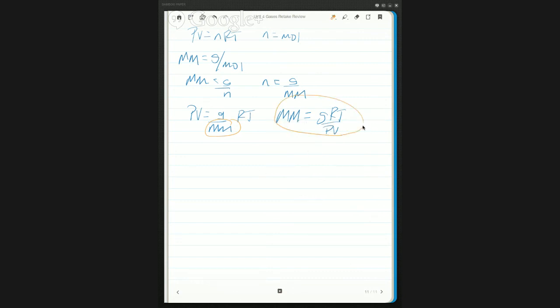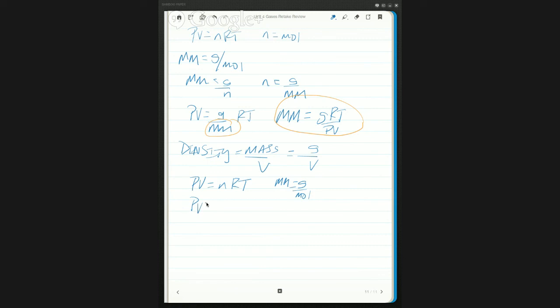You need to be able to solve for this. That's important. You could also have, when you're dealing with density, density equals mass over volume, which is equal to grams over volume. So if you have PV equals nRT, now it's going to feel a little bit more complicated. Remember, molar mass is equal to grams over moles.